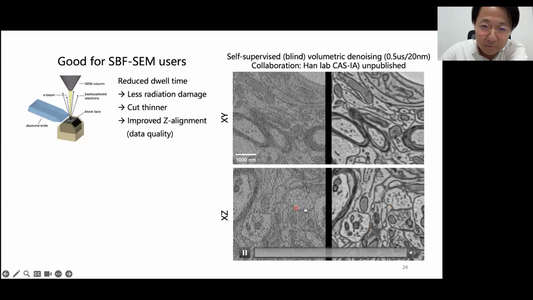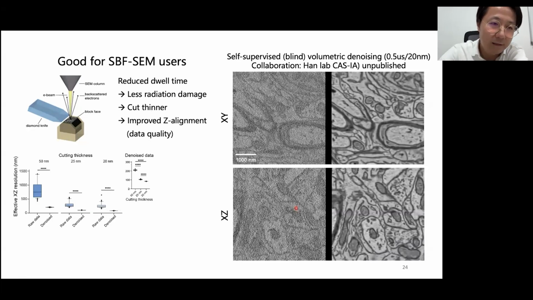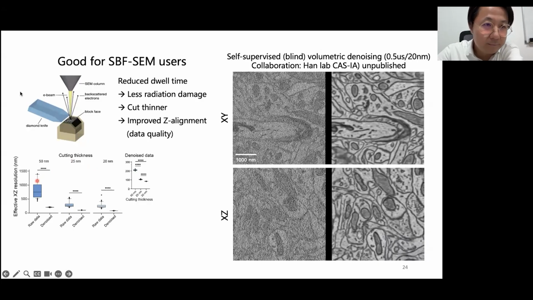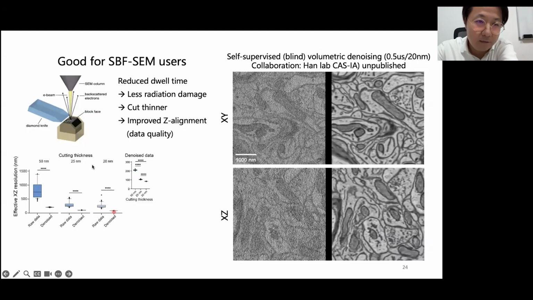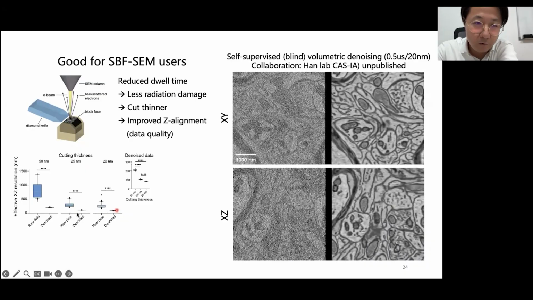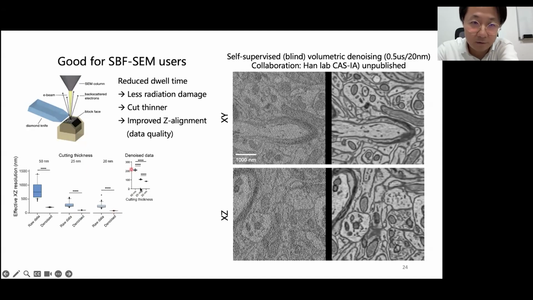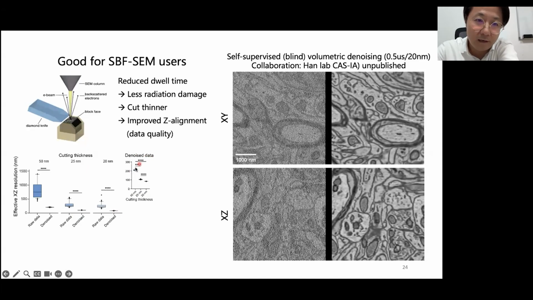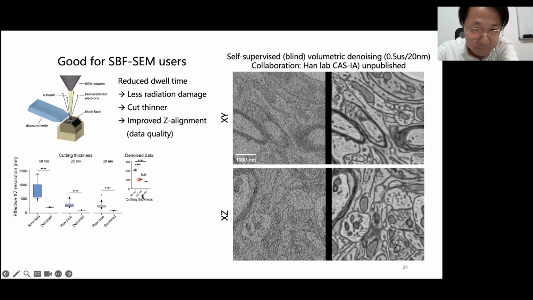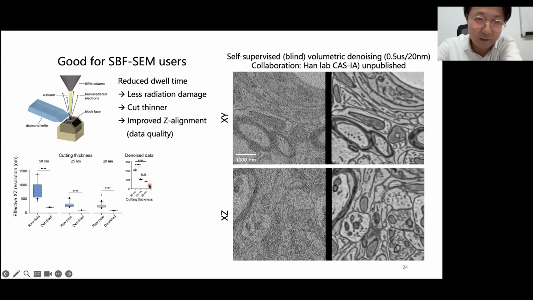But in principle, you can see that the resin is also very nicely reconstructed, or nicely imaged. Of course, we did the same quantification for that. As you can see, the data set quality improves if you cut thinner and then denoise, so actually it can be pushed to a very low level. So the lower the cutting thickness, the better the data quality, right? In the denoised data, the 50 nanometer can be reduced by half to 25 nanometer, and then further pushed to 20 nanometer.